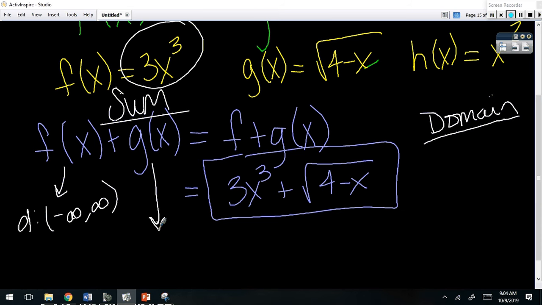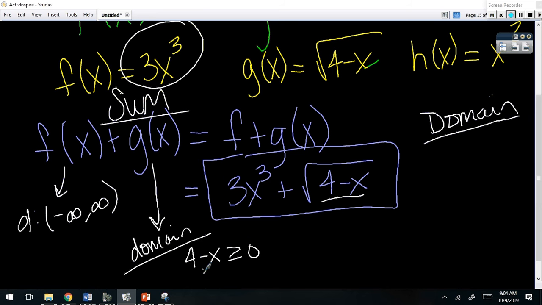So how do I find the domain of that function? If it's a fraction, I set the bottom to 0. If it's a radical, what can't be under the radical? A negative number. So I make it greater than or equal to 0, and from there I solve, right?